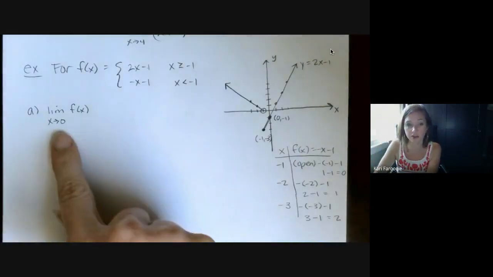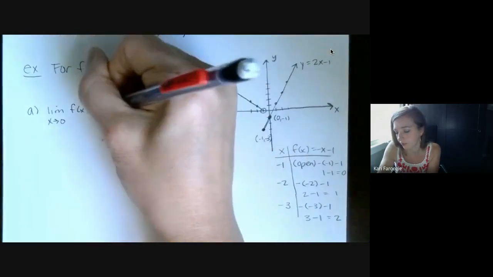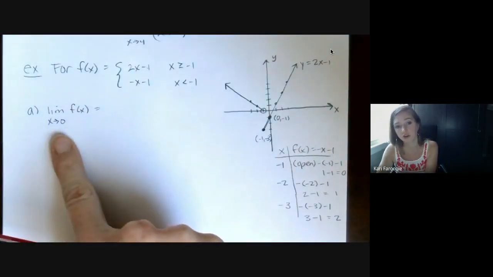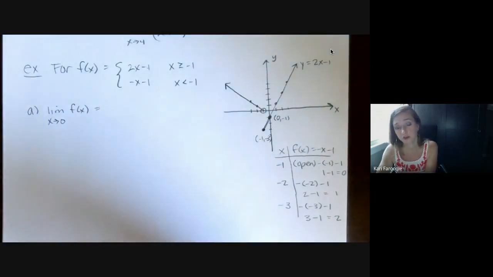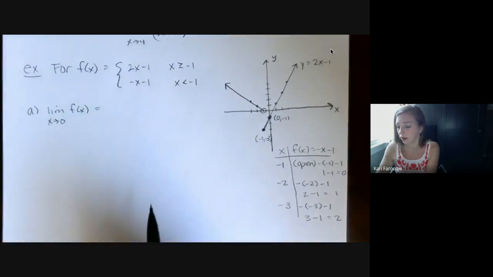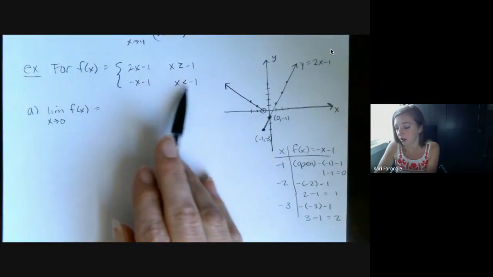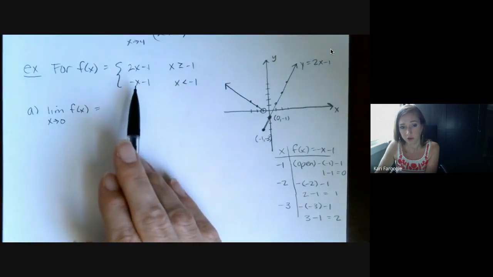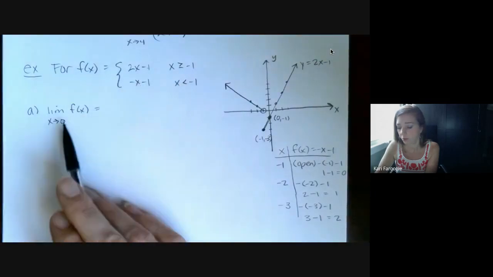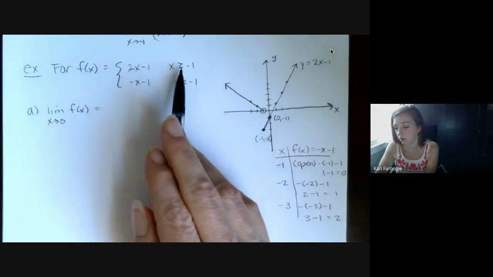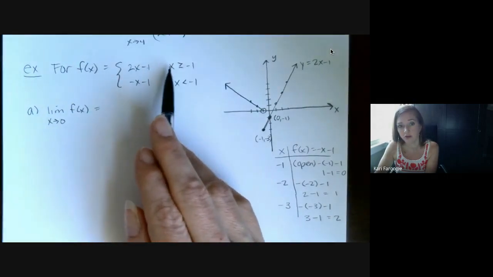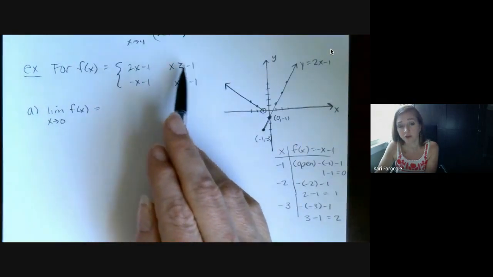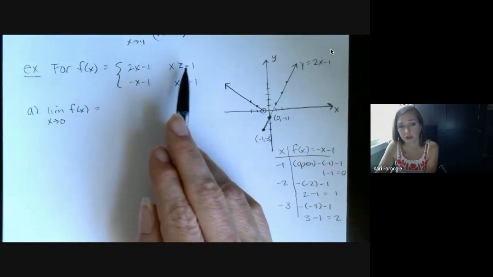So in order to find the limit as x approaches 0, we're going to use the definition of the function that corresponds to the value 0. So 0 is not less than -1, so I'm not going to use the function -x minus 1. But 0 is greater than or equal to -1, so I know I'm going to use the first definition of the function when I evaluate this limit.